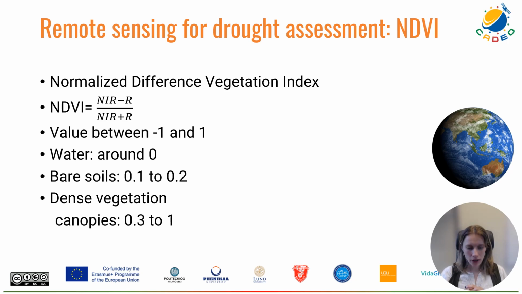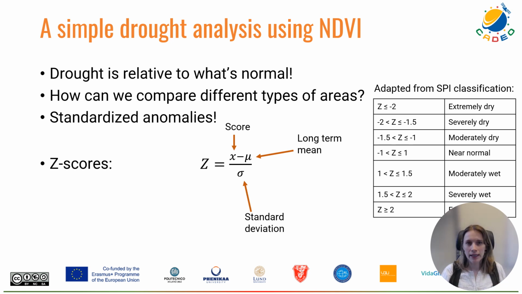Bare soils are between 0.1 to 0.2, so it has a low value, and then vegetation has values ranging from 0.3 to 1. So depending on the health of the vegetation, you get a higher or lower number. And this can then be used in a standardization of anomalies.